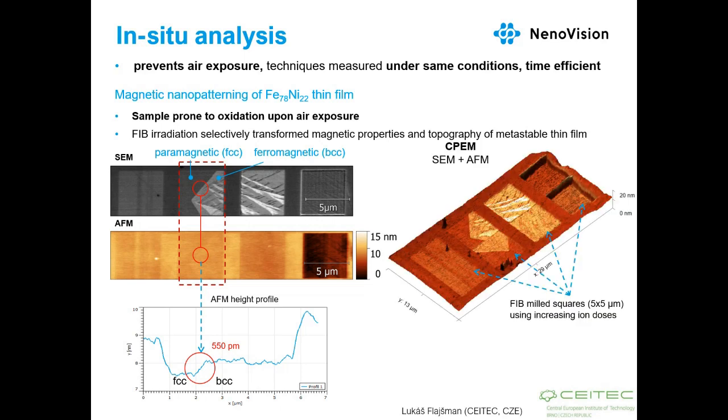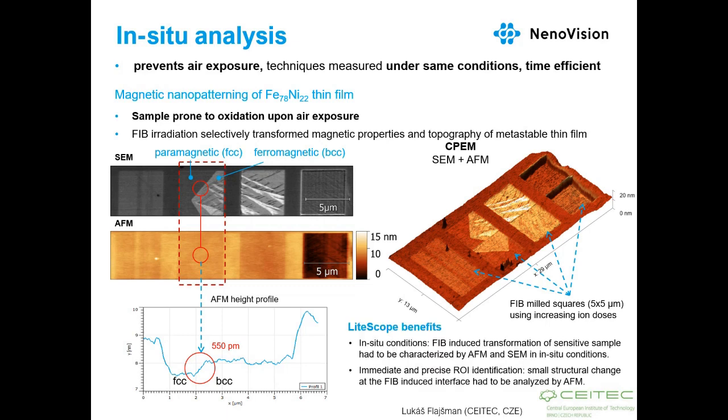Then, of course, we can use CPEM, correlative imaging, which means we can visualize together the topography with the SEM image, and you can nicely see the contrast coming from the different transformation of the sample. So what are our advantages? First of all, in-situ combination: immediately after focused ion beam, we are able to use the AFM, and also easy localization of the region of interest. There would be no way to find it outside the SEM.